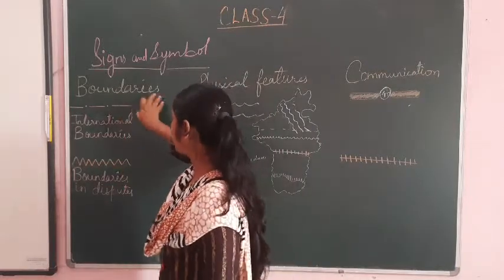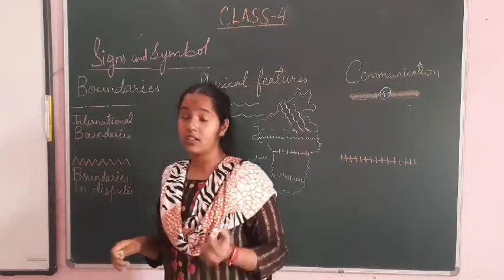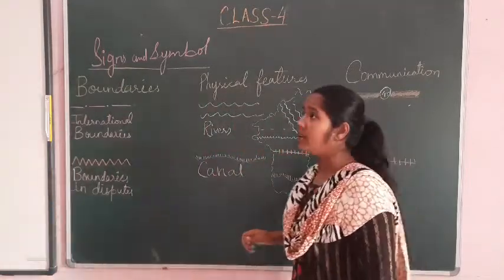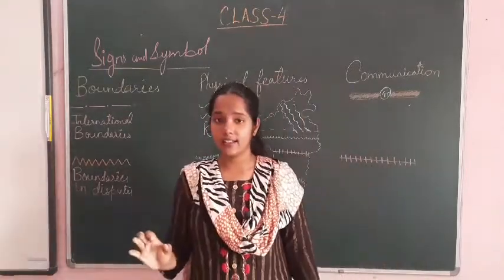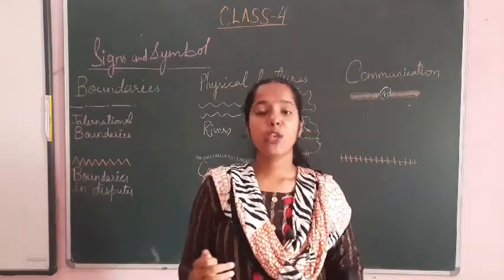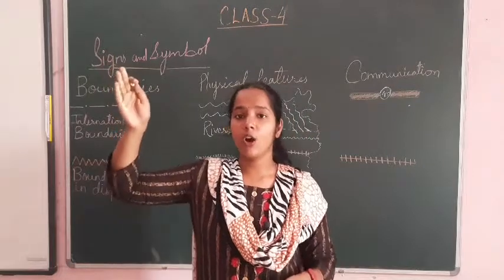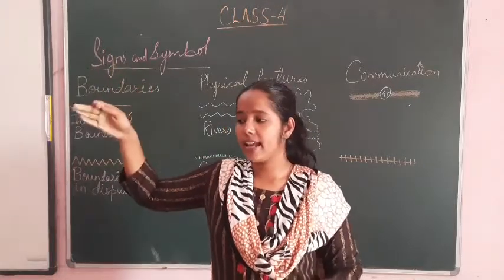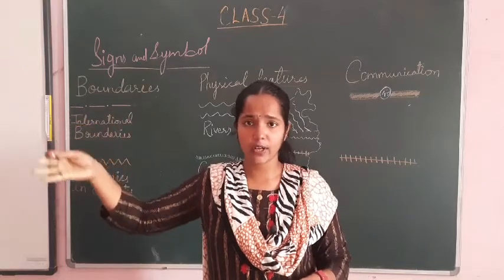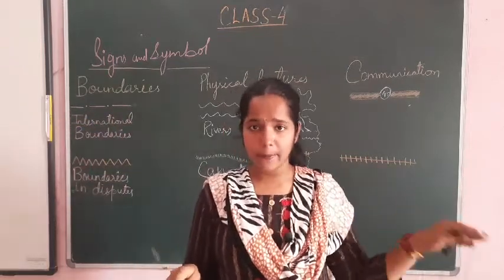This is a boundary. The thing which is called a boundary comes up when we say neighboring countries, isn't it? When we take a map of India, you can see on the left hand side that Pakistan is there, after that Bhutan, after that Nepal.